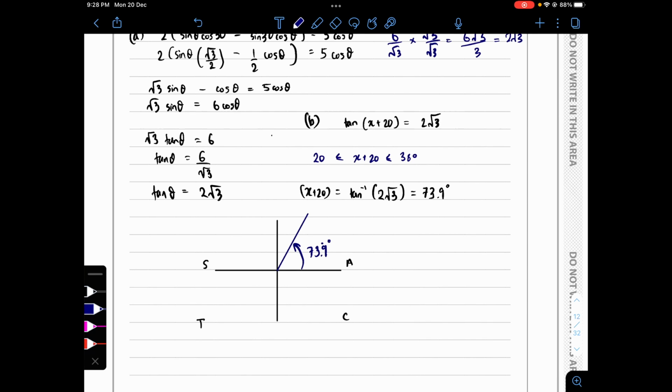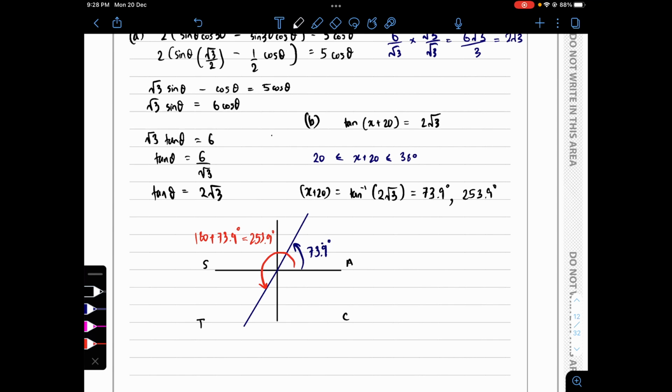And when is tan positive again? Tan is positive again here, so we add another 180 degrees. So it's 180 plus 73.9, and that gives us 253.9. So our other solution over here is 253.9.